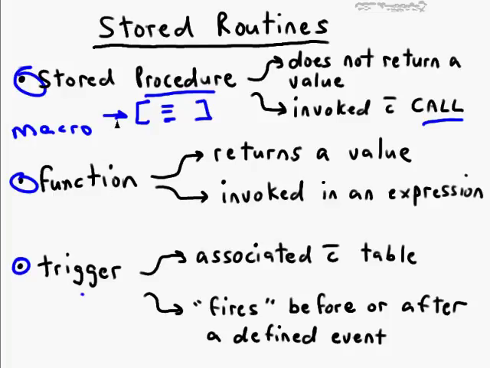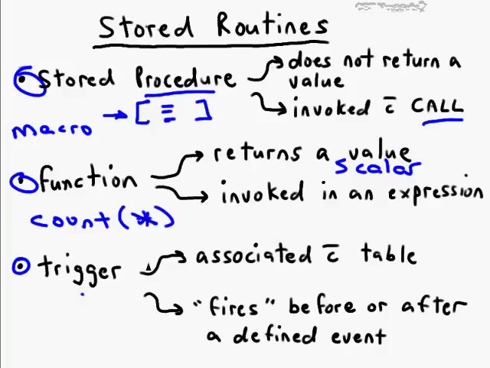But really, the key differentiator between stored procedures and functions is, number one, a function will always return a value to the user. And traditionally, it returns a single value, what's called a scalar value. An example of a function that we're going to use in this nugget is a pre-built function that comes standard with MySQL called COUNT. You may be familiar with it.